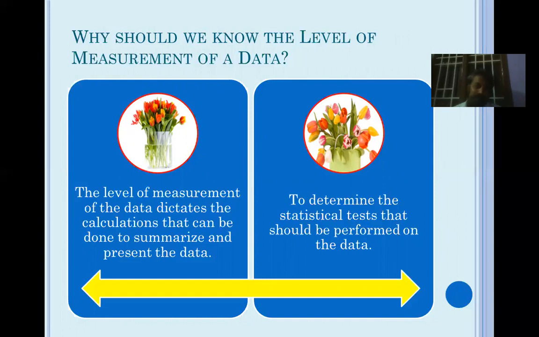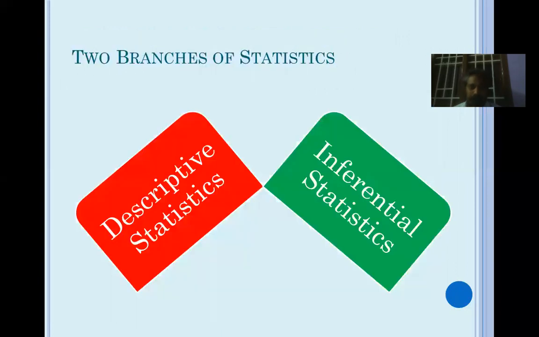You should have a clear understanding of nominal data, ordinal data, and scale data, which consists of both interval and ratio data. Then statistics basically has 2 different branches: one is descriptive and another is inferential. Descriptive statistics is nothing but a description of what you have collected. It just describes.